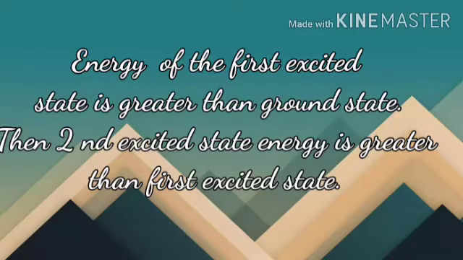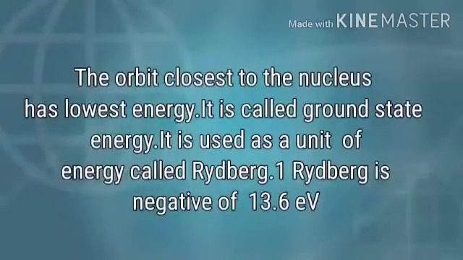When we compare these values, the energy of the first excited state is greater than the ground state, and the energy of the electron in the second excited state is greater than the first excited state, and it goes on. When the electron is in the orbit closer to the nucleus, it has the lowest value, the minimum value compared to the other excited states.